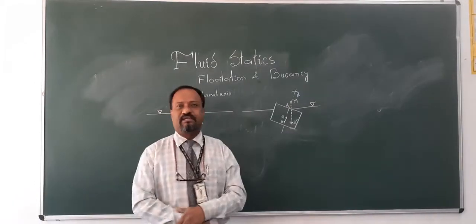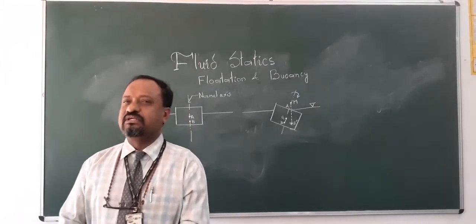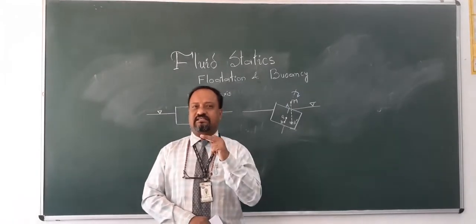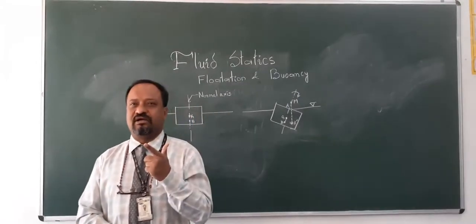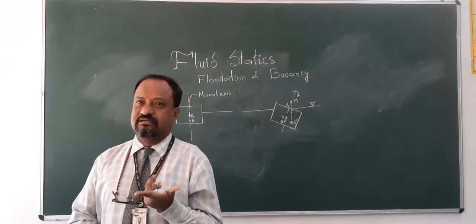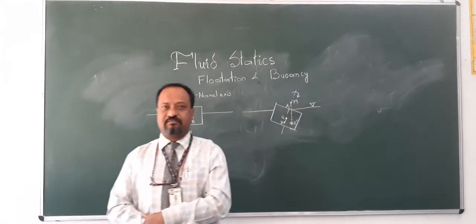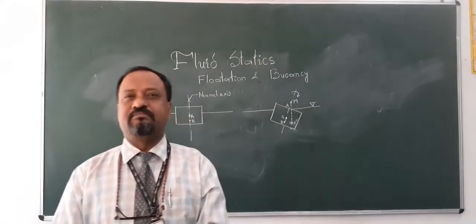And regarding Cp, that is center of pressure, what is that? The formula says it is I_CG, the moment of inertia about CG, divided by A x bar, plus x bar. This is for a vertically immersed surface.